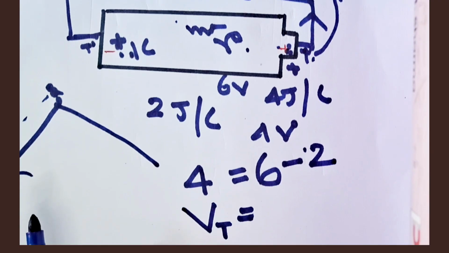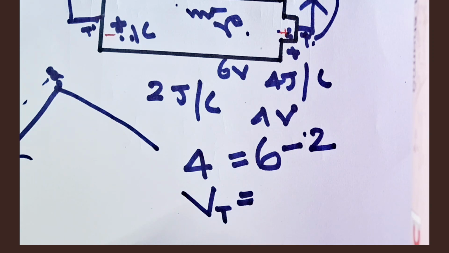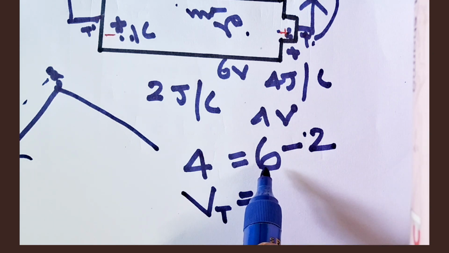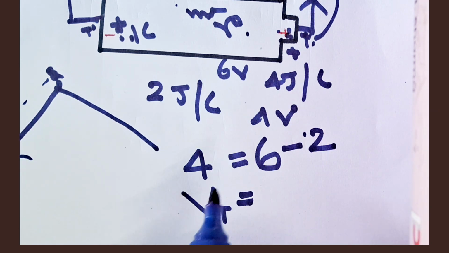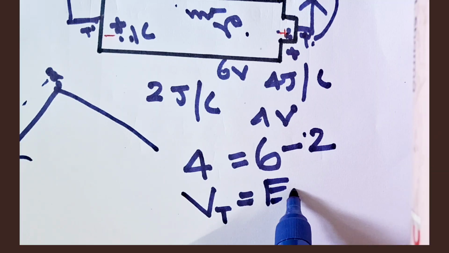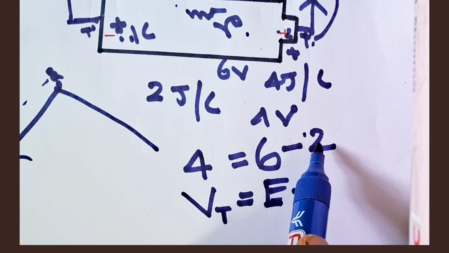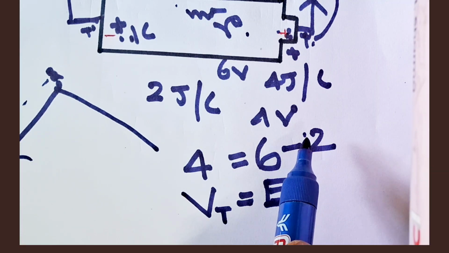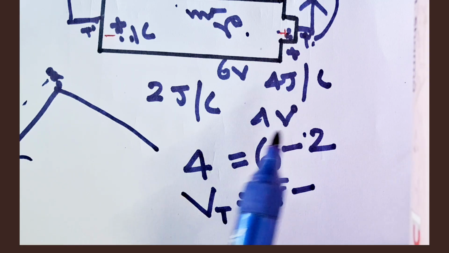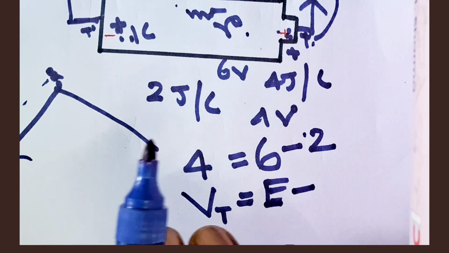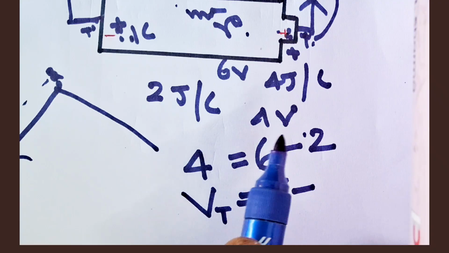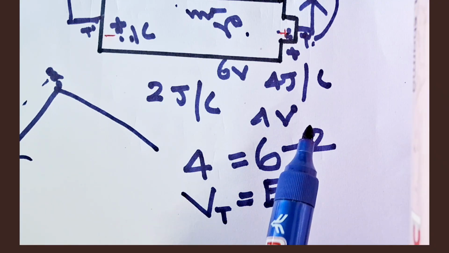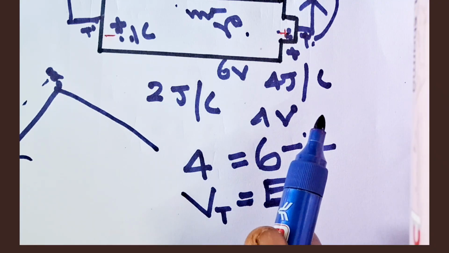Let us generalize the case now. Terminal voltage VT equals 6, which is your EMF printed on the battery, that is E, minus the loss of energy, and it is actually in the form of heat. The lost energy is dissipated in the form of heat. So what amount of energy is lost, or converted into heat?